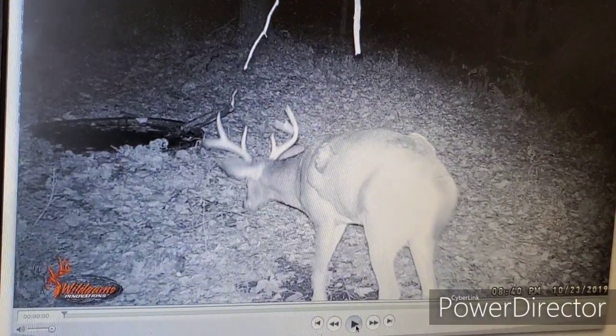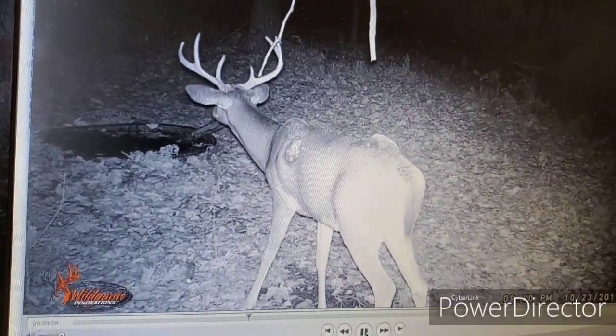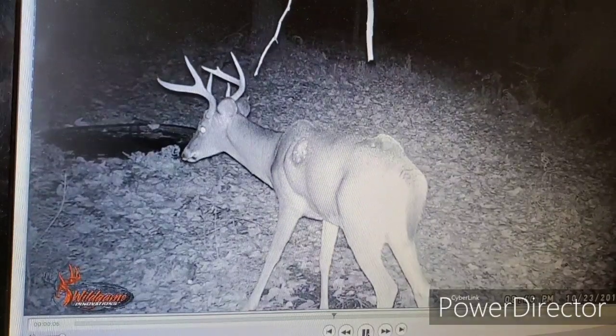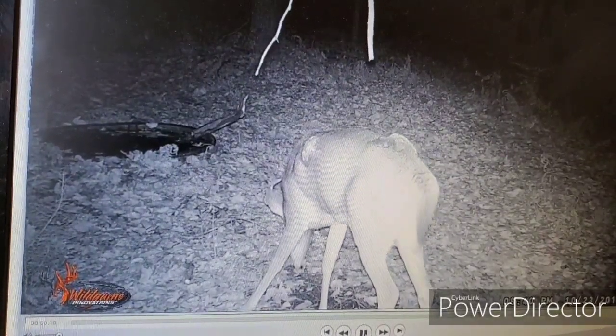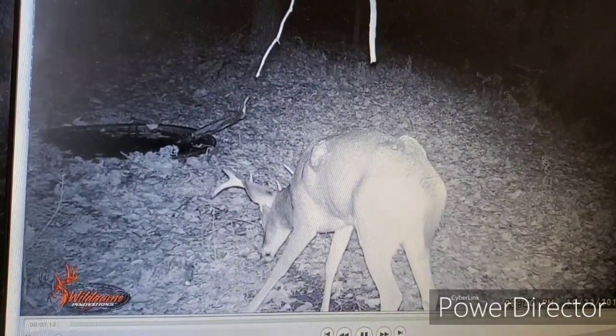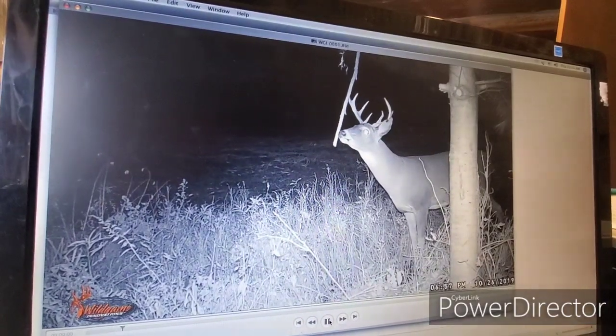Your cameras need to be placed there, and you have to know the power of using these trail cameras in transition areas, on licking branches, let's say, in front of tree stands. The mission of a trail camera to begin with, wherever it's at, is you want to know the movement.